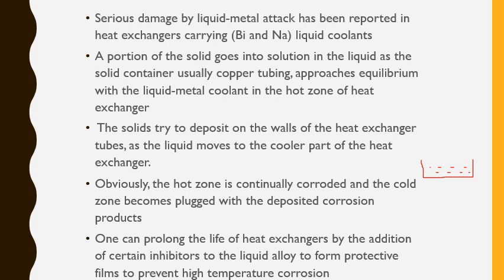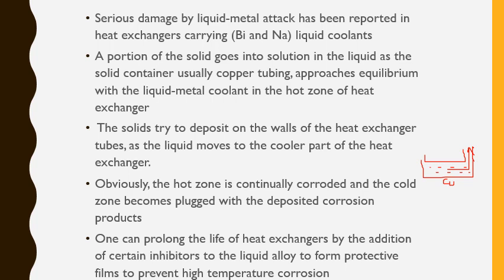In this heat exchanger and its tubing, copper is present. So when the molten metal passes through, it will dissolve copper in it. The molten metals used as a coolant, bismuth and sodium, lower the temperature of the heat exchanger somewhat.